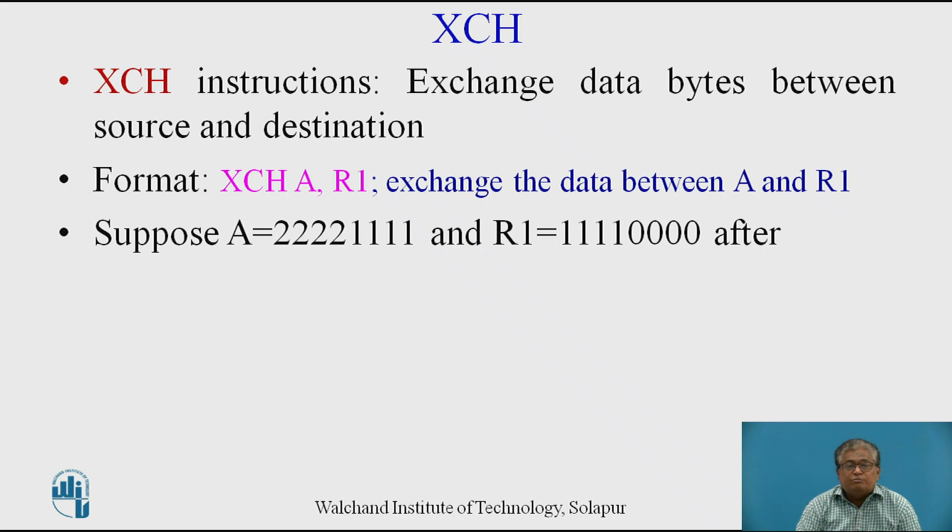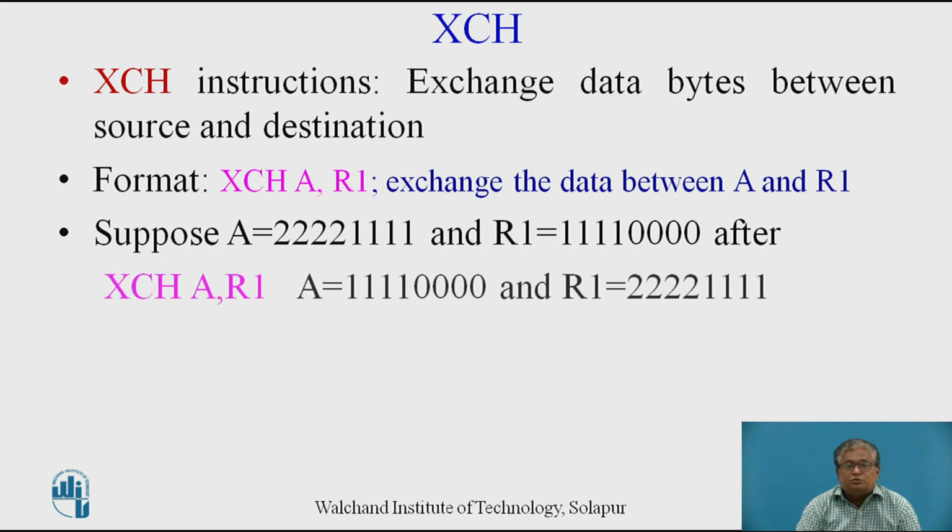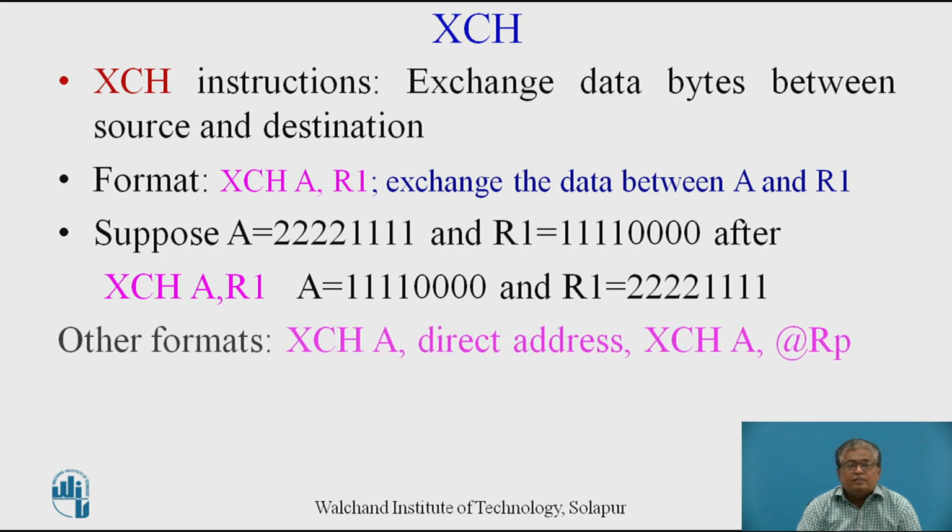So this is the example of this. Suppose A is 22221111 and R1 is 11110000. So after executing the exchange instruction, the data from A will go into R1 and the value stored in R1 will come into the register A. Other formats for exchange instructions, so you can specify your source by writing its address, which supports the direct addressing mode.